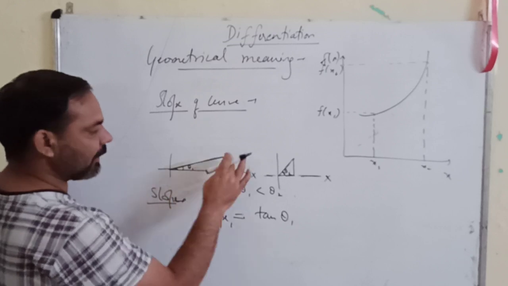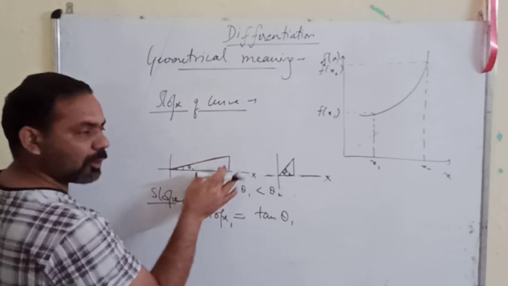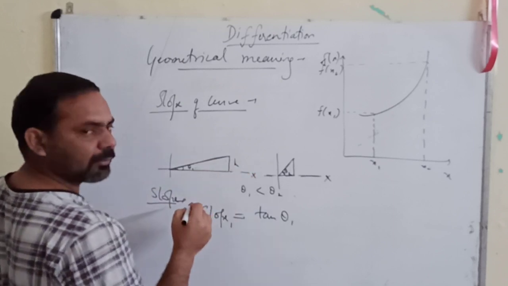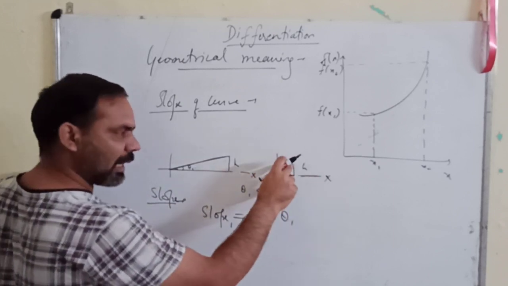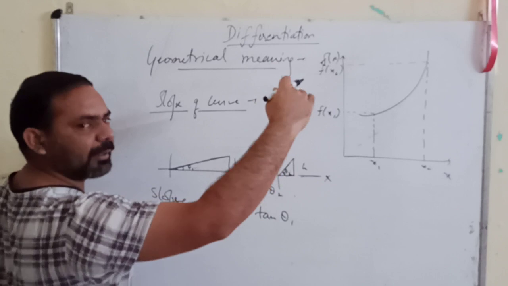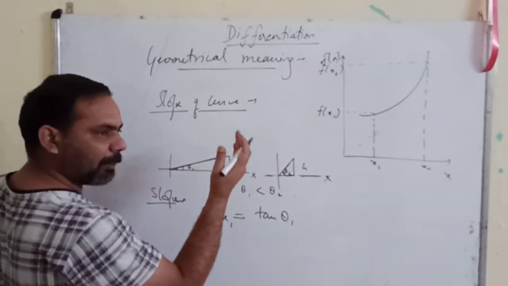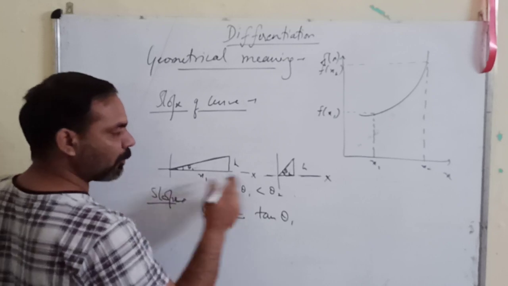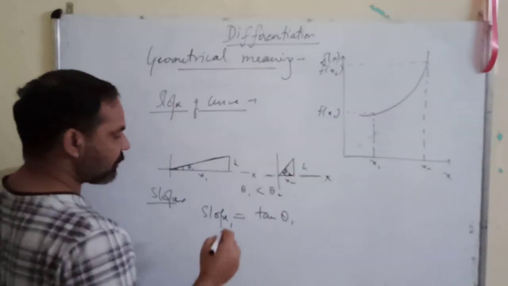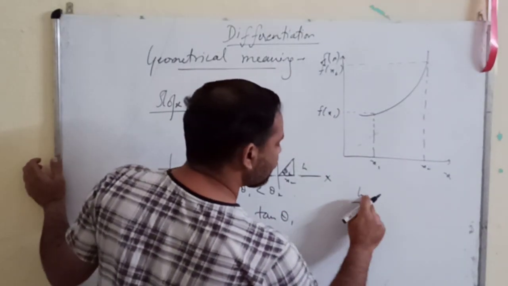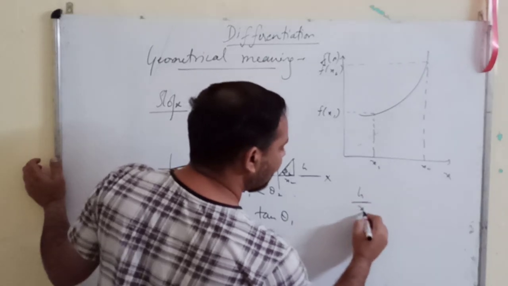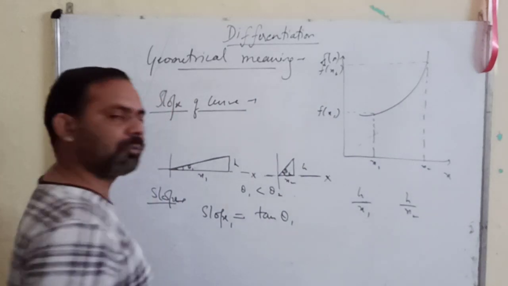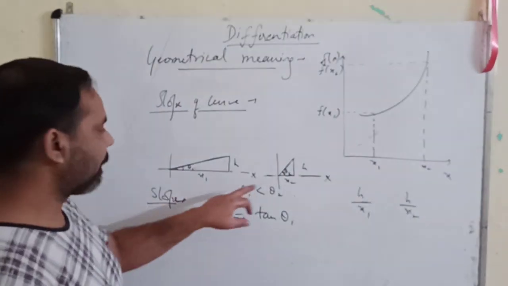Now slope is related to the ratio of the opposite side to the base. Here suppose h is the height, and here h is the same height. Your house is at the same height, but here you prepared a slope which is longer in length. x1 is more than x2. So h upon x1 and h upon x2, which one will be more?